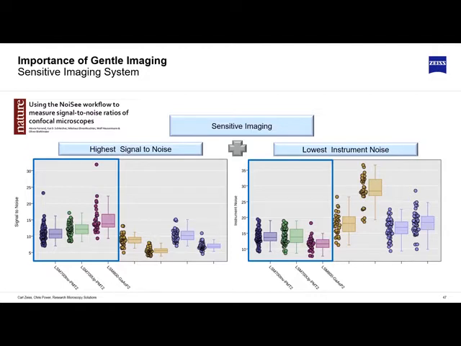And there are numerous studies where you look at the signal to noise, where here we've got very similar architectures, so our previous 700, 800, where high signal to noise is better or low instrument noise is better. And we see that even without the top-end gallium arsenide phosphide detectors, we perform extremely well. With gallium arsenide phosphide detectors, we have unbeatable sensitivity here. But you always want more.